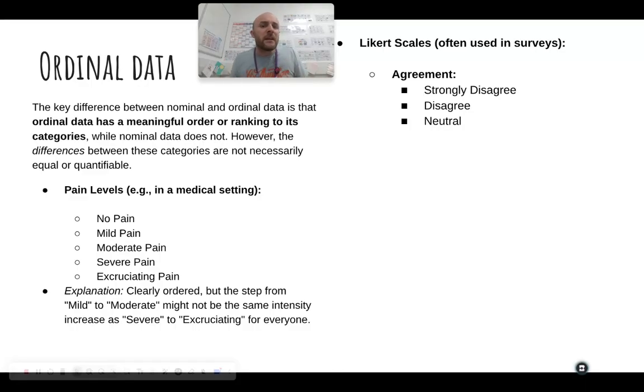It's different people's opinion, for example. When someone puts disagree, they might feel quite confident about that, and some people are like, well, I disagree slightly. So the gaps between the values are unknown. Ordinal data generally has a true 0. Again, look at this one on the right-hand side, where it says agreement, strongly disagree.